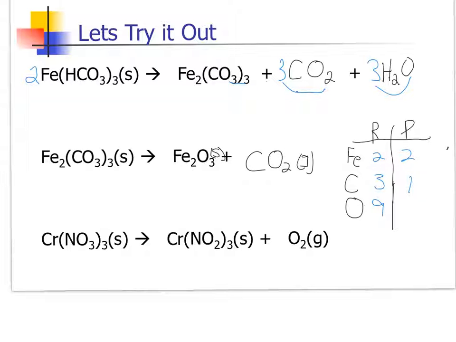And on the product side I have 3 plus 2, which would be 5. I need to make sure that I now have 3 carbon on the product side. So by doing that, I'm going to put a 3 in front of my carbon dioxide. But that changes my oxygen as well to saying 3 plus 6, 3 times 2 gives me 9.